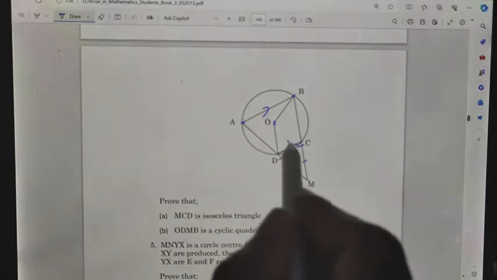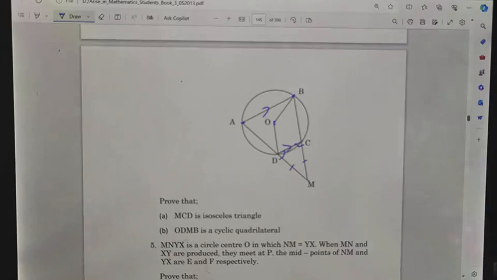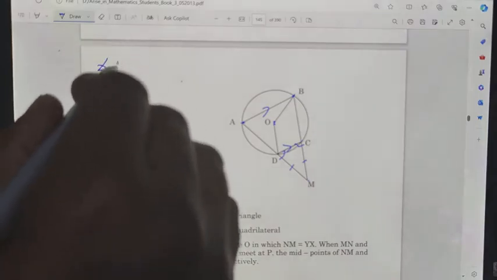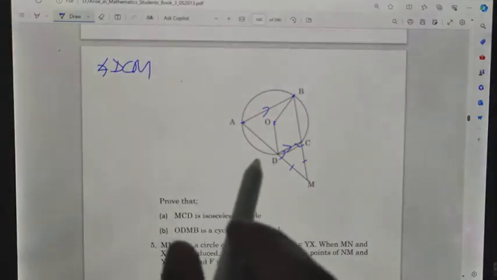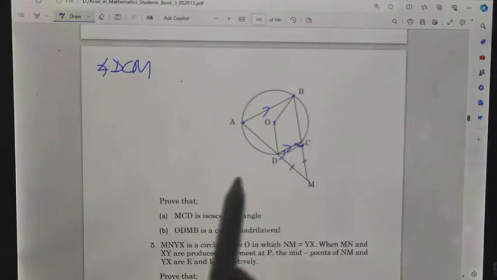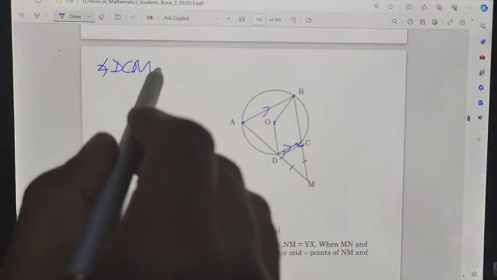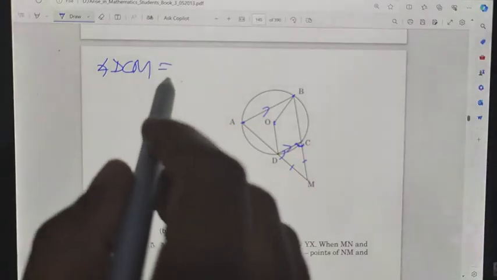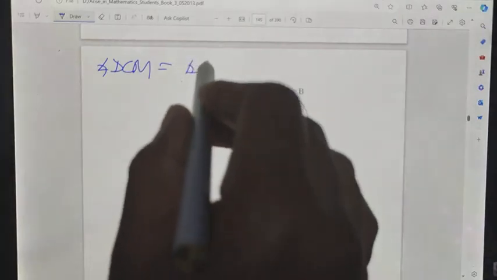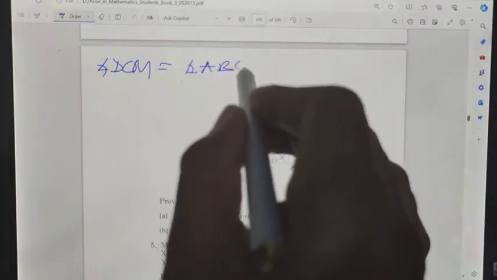In your mind, remember, you are given that AB is parallel. So let's consider angle DCM, which is this one, to be equal to angle ABC.